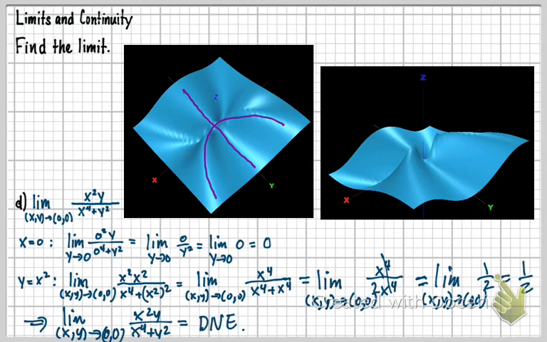Now I want to show you a side view of that. This is kind of cool. So this here is that parabola. And it kind of just goes over the top of that. And we can see why that parabola gave us the number 1/2. And then if I look at the other line, that's my y-axis where x equals 0. And if I take that line, we see why we end up with 0.